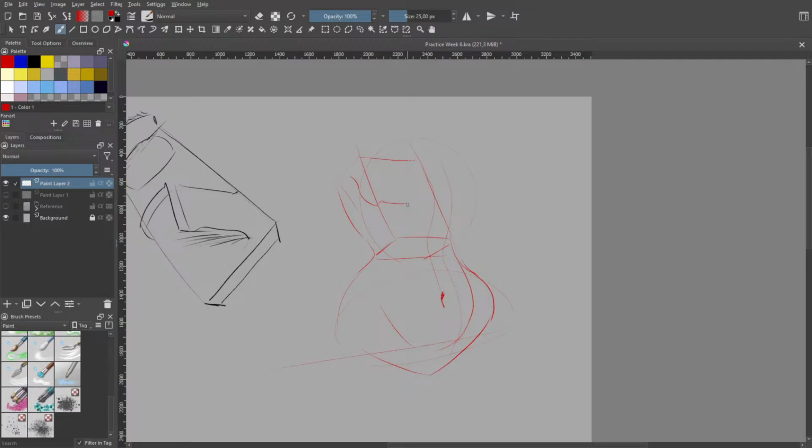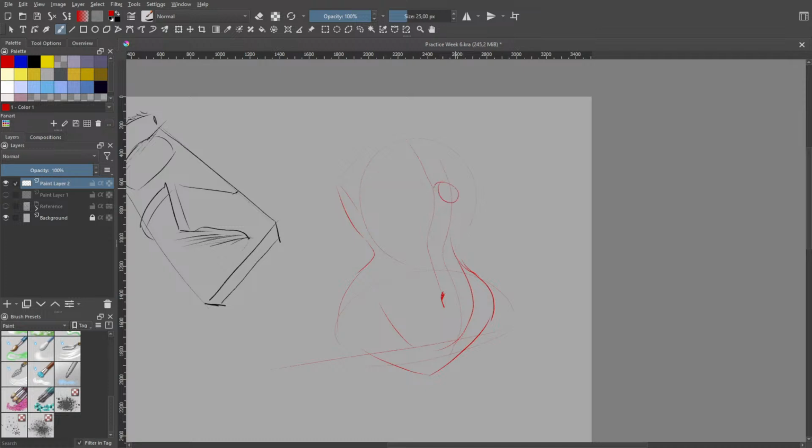So if this is the center line, maybe something like this. Same on the other side. Would the boob then be on here? No, this feels like it's too far up. My proportions are incorrect. Maybe here? This doesn't look wrong necessarily. Maybe a little bit. Maybe not.